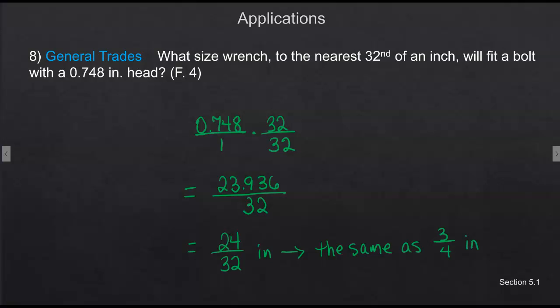So we could use a 3/4 inch wrench instead, but 24/32 gives us that accuracy on the measurement. If it was a 25 over 32 or a 23, we couldn't simplify that to an equivalent fraction, so we would just leave it.